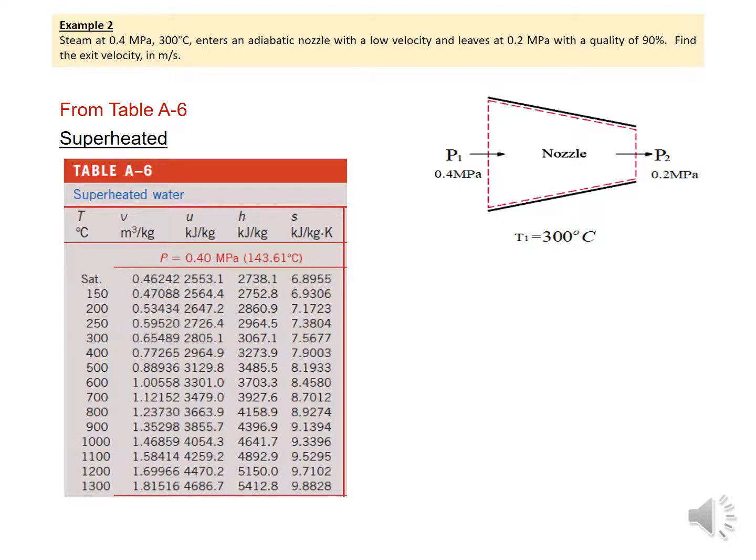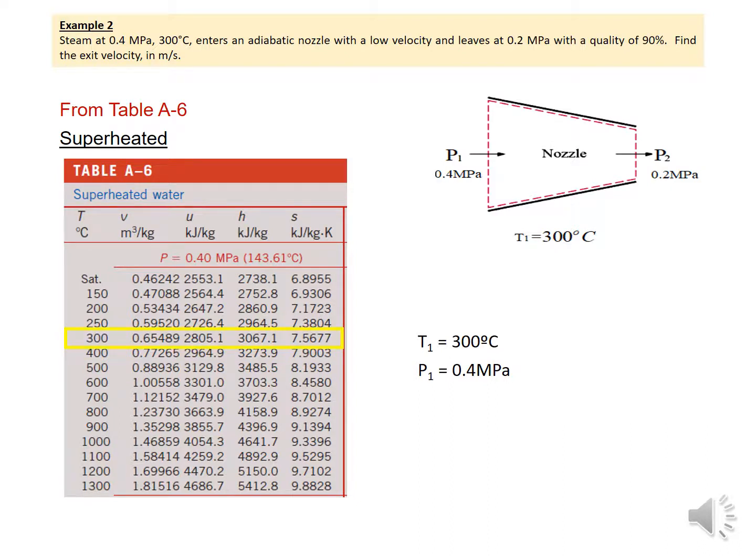From the superheated table, P1 equals 0.4 megapascal and P2 equals 0.2 megapascal. T1 equals 300 degrees Celsius. Now we refer to the temperature of 300 degrees Celsius, so P1 equals 0.4 megapascal.